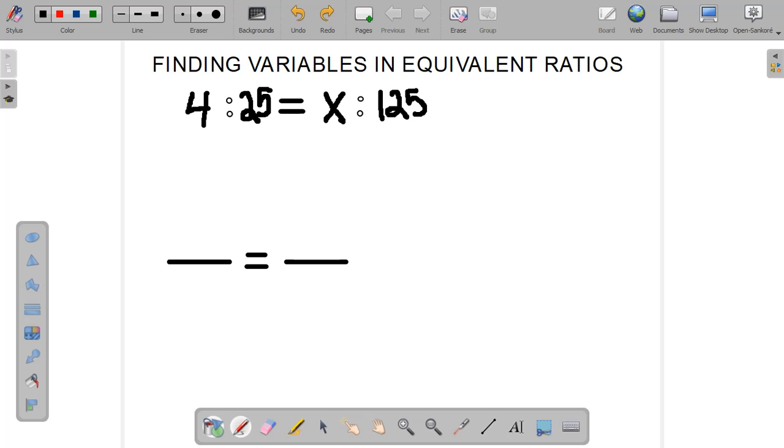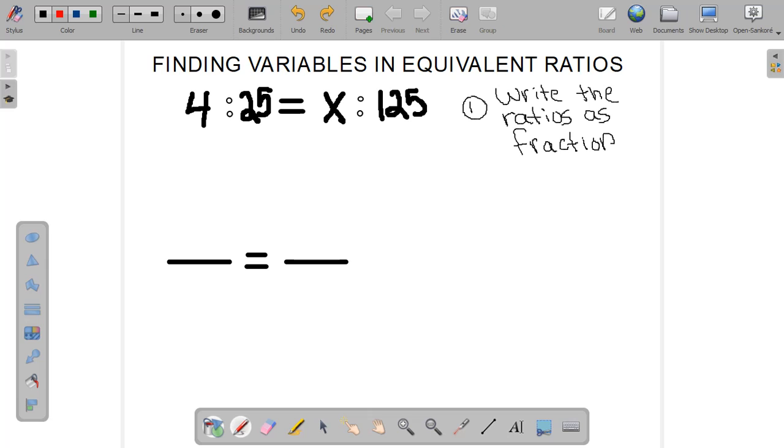write the ratios as fractions. Okay, very easy.